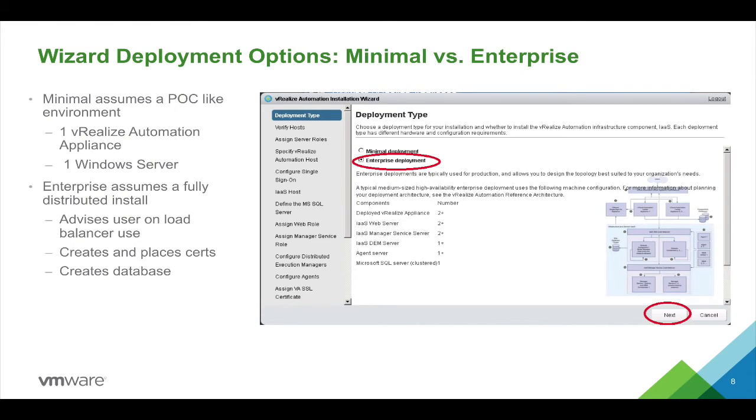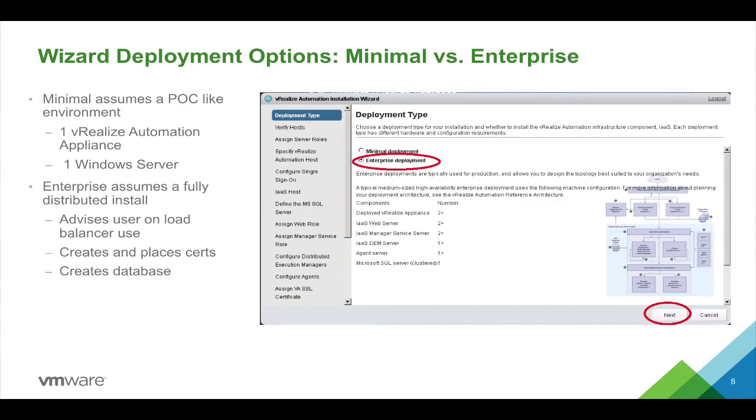It gives you an option of a minimal deployment for POCs, pilots, and non-production environments, where I simply have 2 machines for the solution to get deployed, or an enterprise production-ready deployment, where I've built a totally highly available end-to-end implementation of a production-ready instantiation of VRA 7.